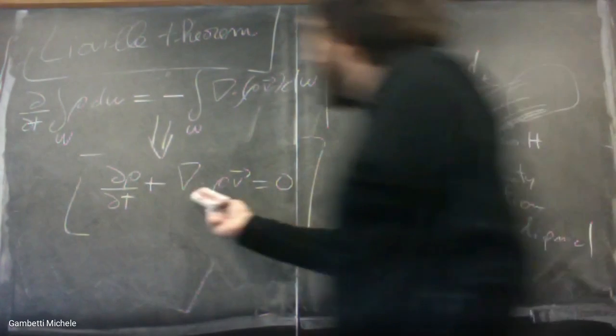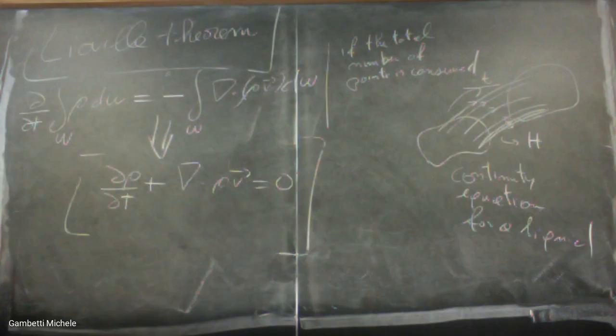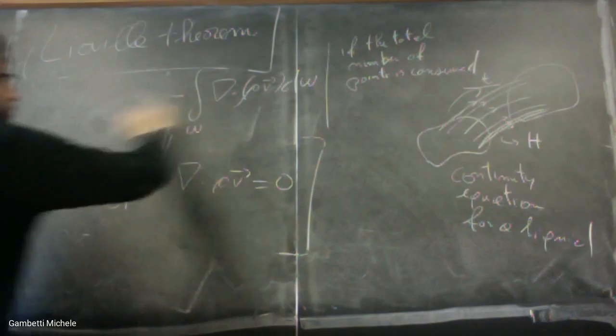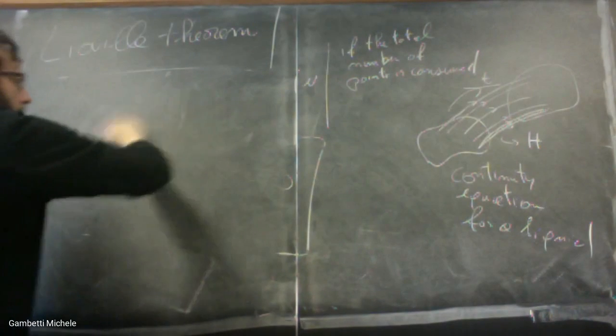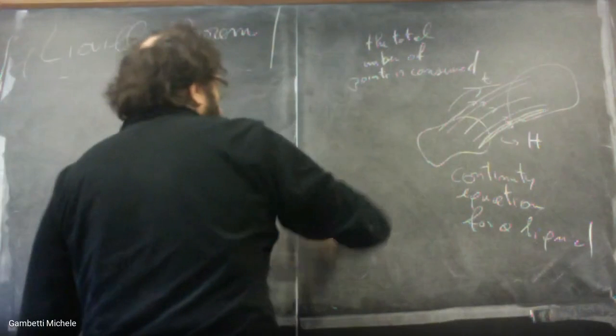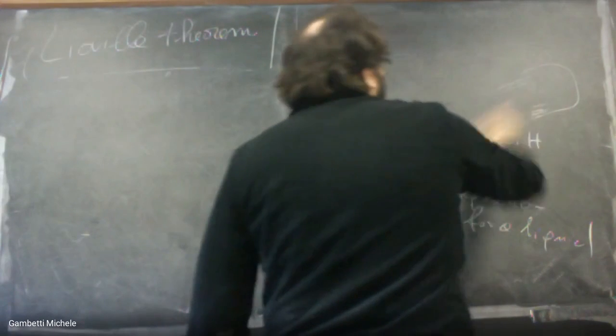Okay, so now we can rearrange this continuity equation a little bit by using the Hamilton equation and derive at the end what is the middle equation. So I have here the derivative of rho with respect to time plus the divergence of rho v, and let me write the divergence in these terms.